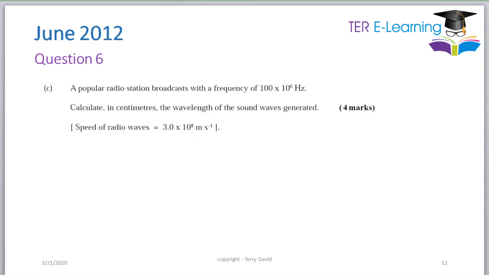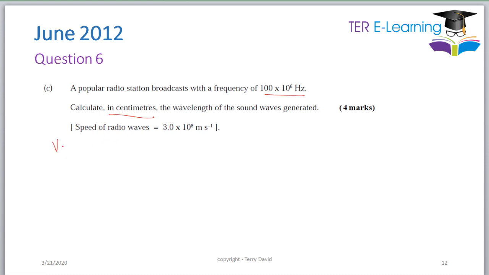And I think this is the last part. All right, so a popular radio station broadcasts at a frequency of 100 by 10 to the 6 hertz. Calculate in centimeters the wavelength of the sound that is generated. So essentially what they're asking us here is to use the wave formula, right?